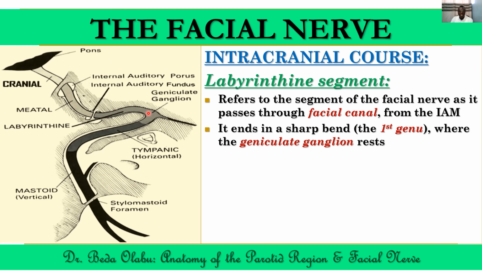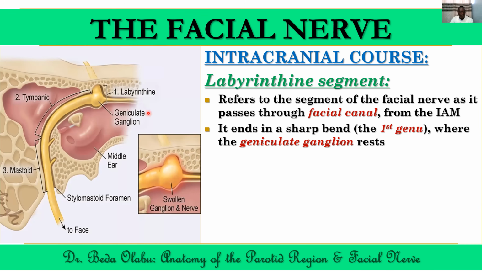Remember, a ganglion is a collection of cell bodies of neurons outside the central nervous system in this particular context. So this is the facial nerve coming in. That's the labyrinthine segment. Then it ends into the facial ganglion, what we call the geniculate ganglion.